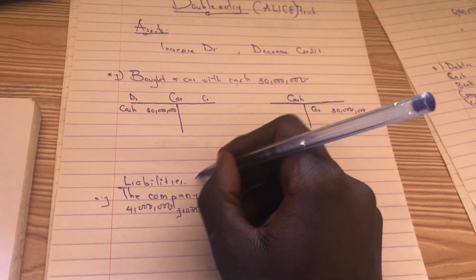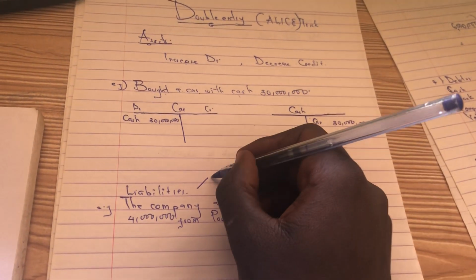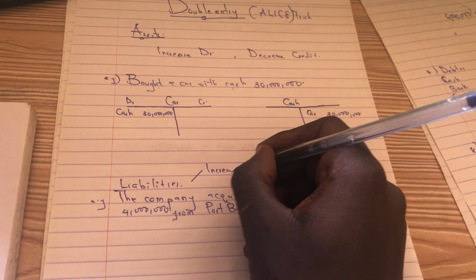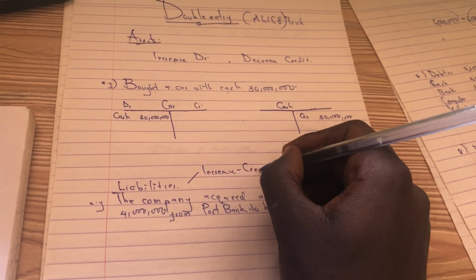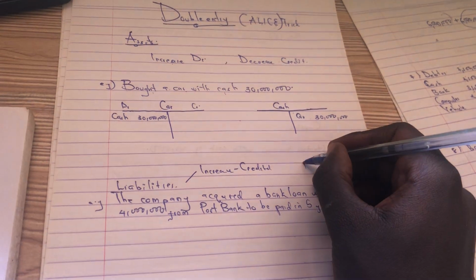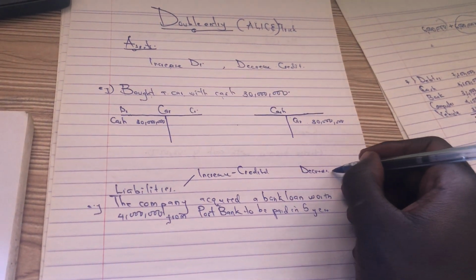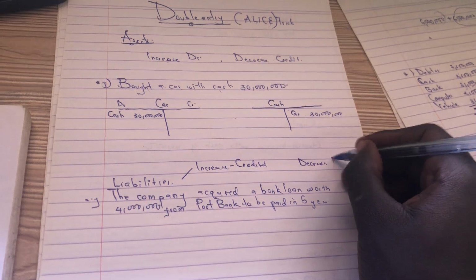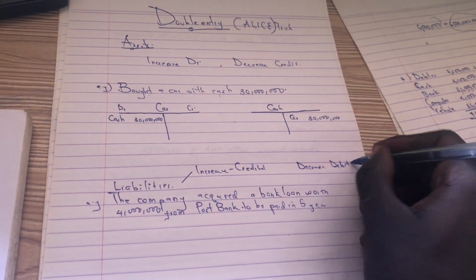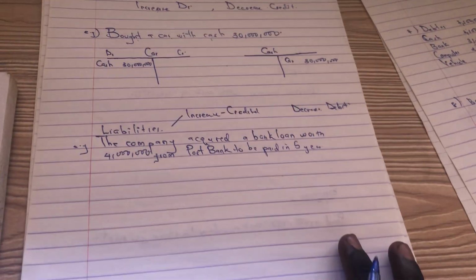Then the liabilities, it's the opposite. When the liability increases, we shall credit the liability account, and when it decreases, we shall debit that liabilities account. For example, here it's increasing.